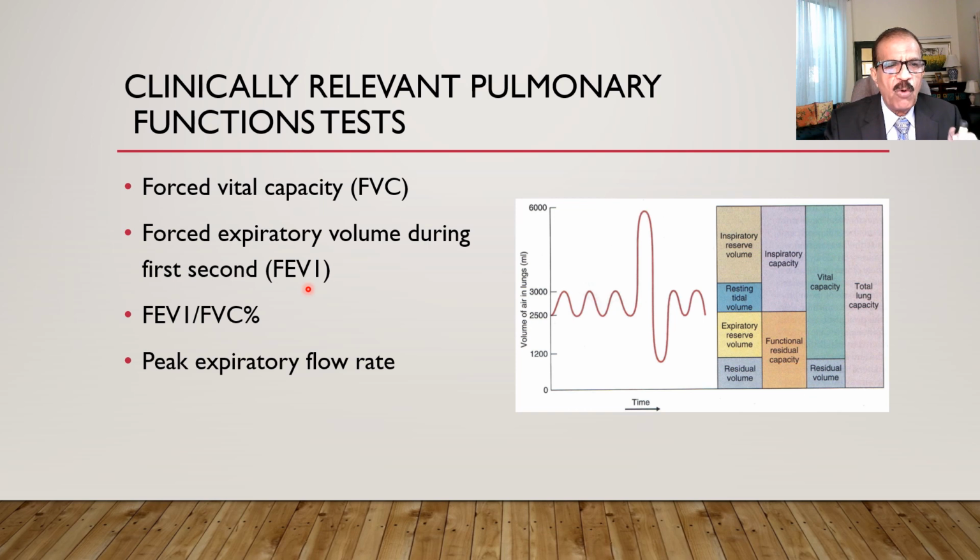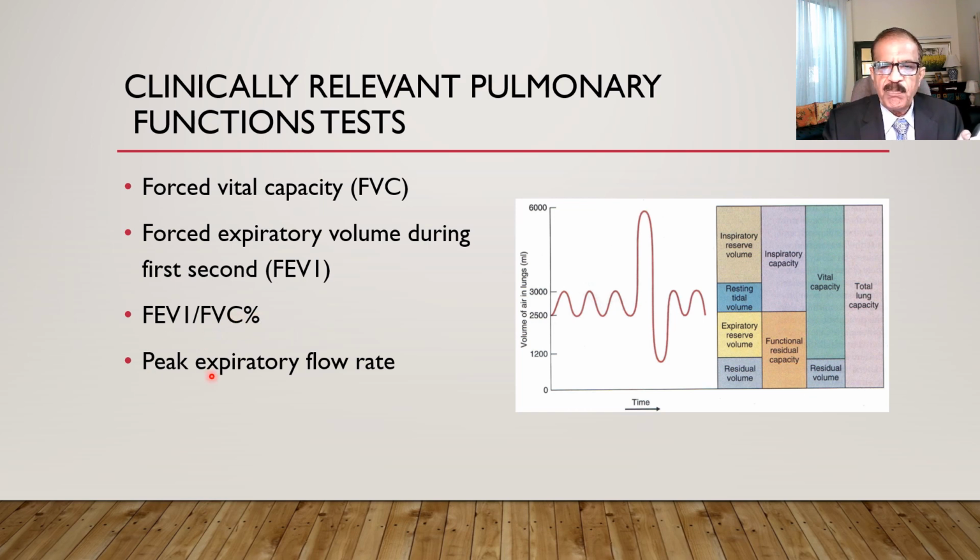It is the amount of air in absolute quantity, in liters, though it's sometimes expressed as a percentage also, which is exhaled during the first second of expiration. In obstructive airway disease, this is the parameter which is particularly affected. And if we take FEV1 divided by forced vital capacity, as a percentage, this is the most sensitive criterion of obstruction. So I think we use this one mostly.